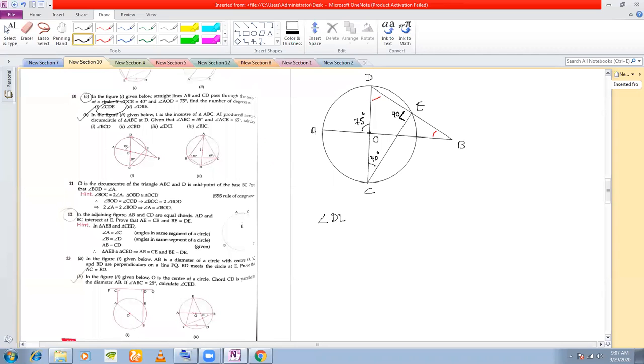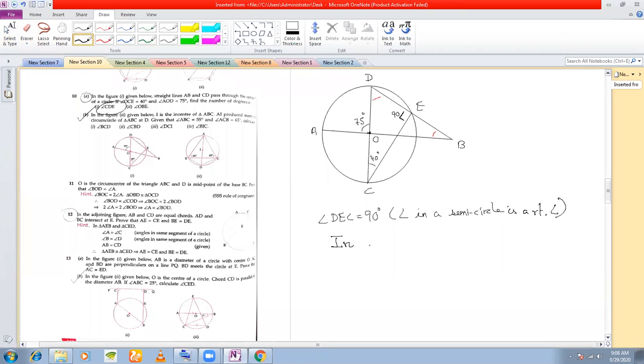Yes, sir, we can. Angle DEC is 90 degrees because angle in a semicircle is the right angle. So now two angles are known in this triangle, 90 degrees and 40 degrees.